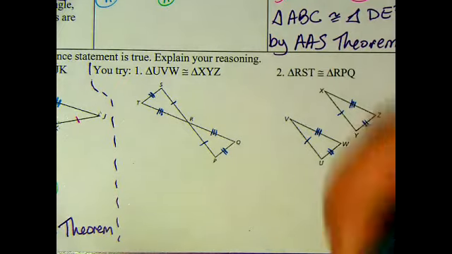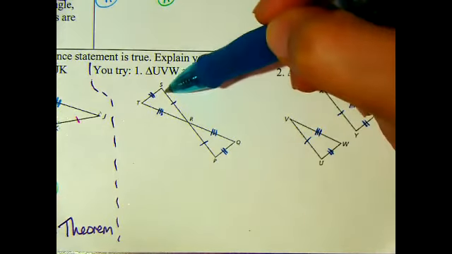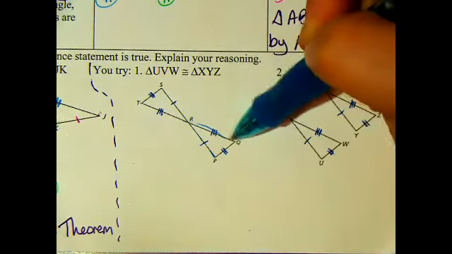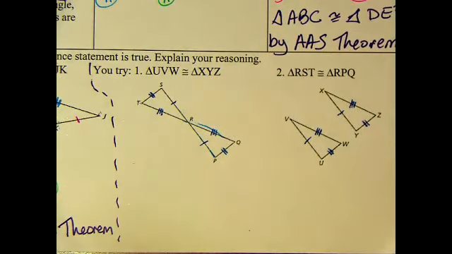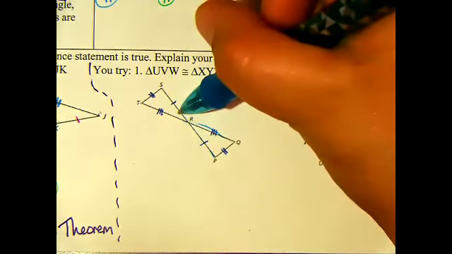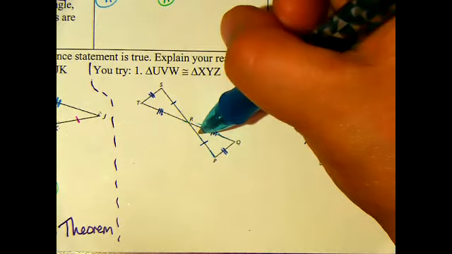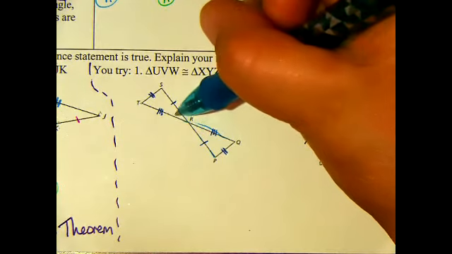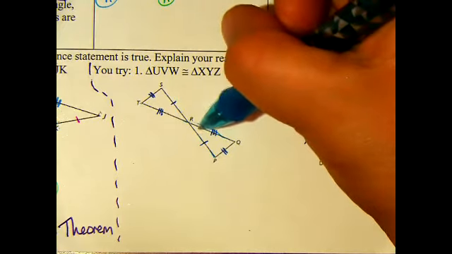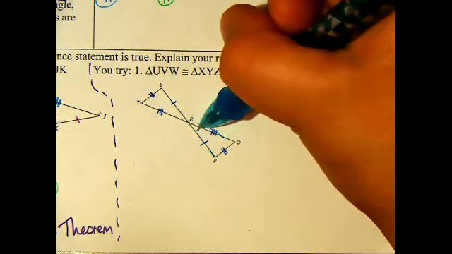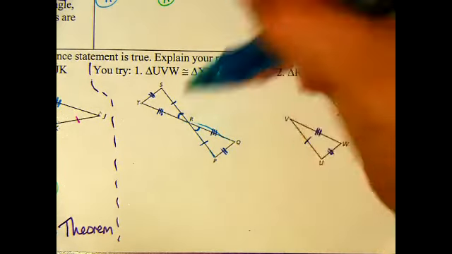Okay. Well, if we take a look, we have these 2 lines intersecting each other, which means that this angle here and this angle here are vertical angles. These 2 angles right here, one from this triangle, one from this triangle, they are vertical angles, which means that they are actually congruent to each other.